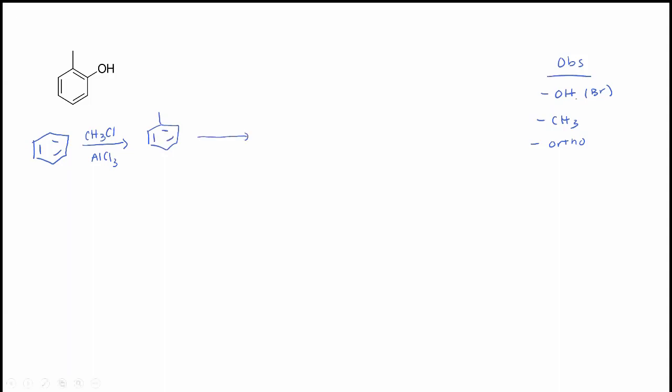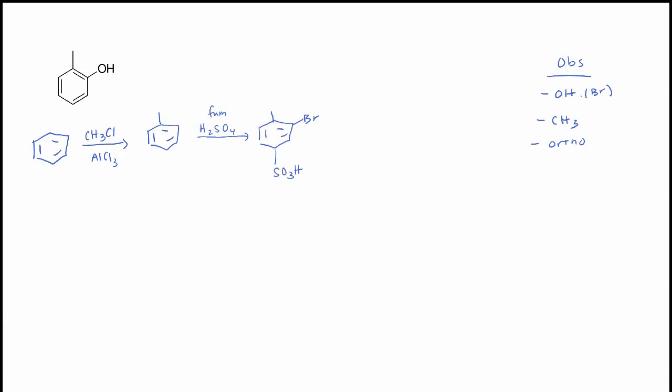And then if I'm going to add my OH via a BR, I can put a blocking group on there because I want it to go ortho. Actually, I might run into a problem here. The blocking group is going to go para to the methyl group, but it is meta to the bromine.